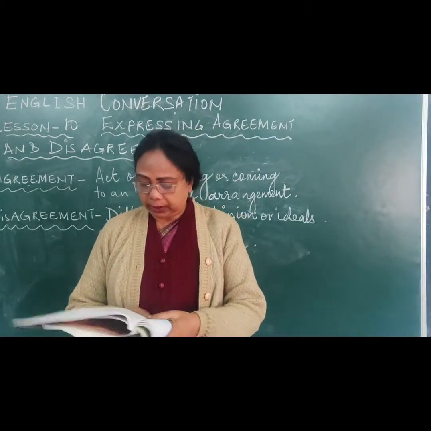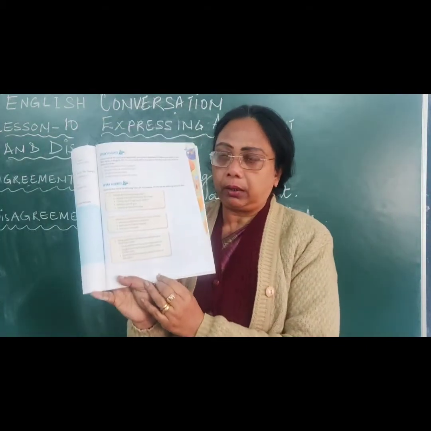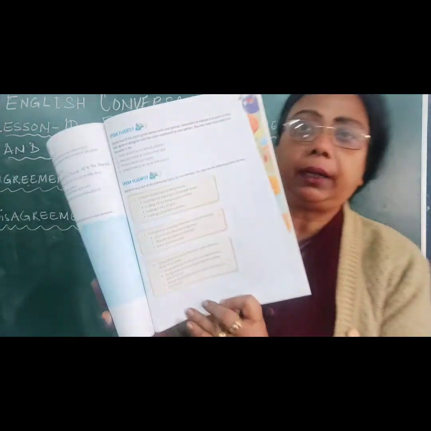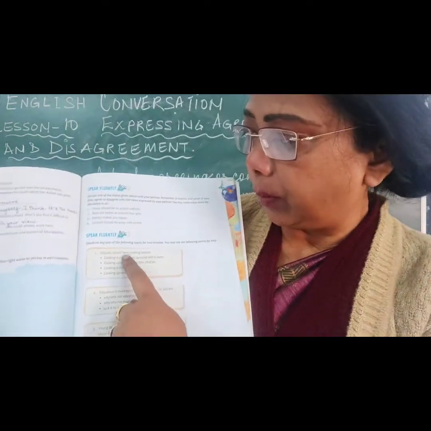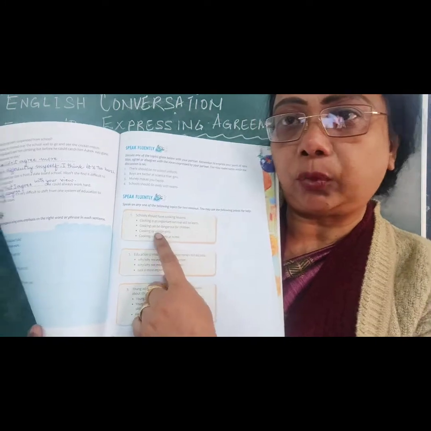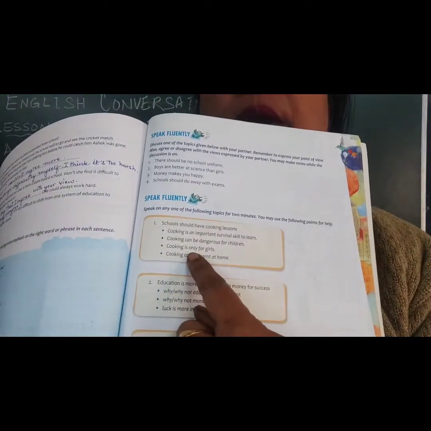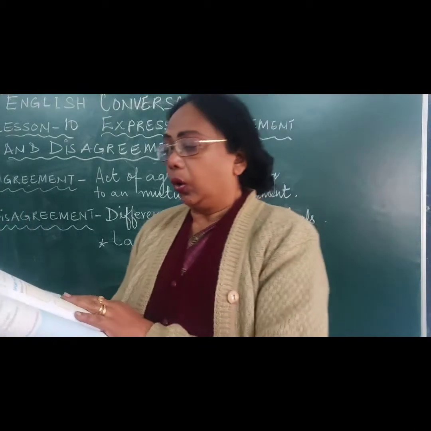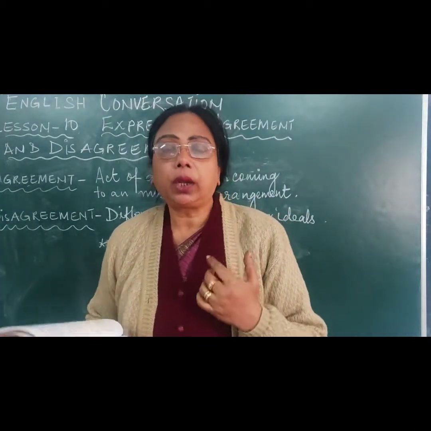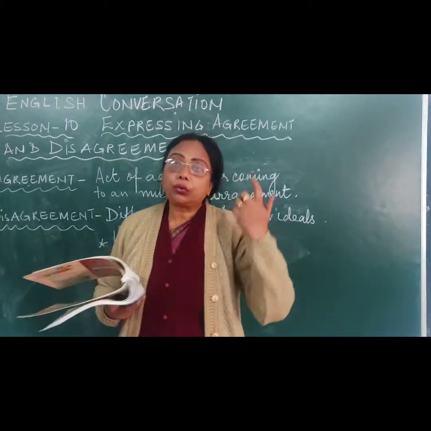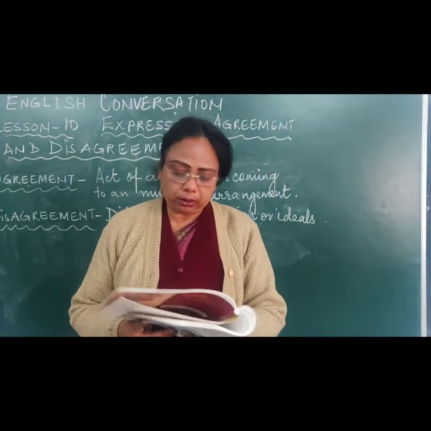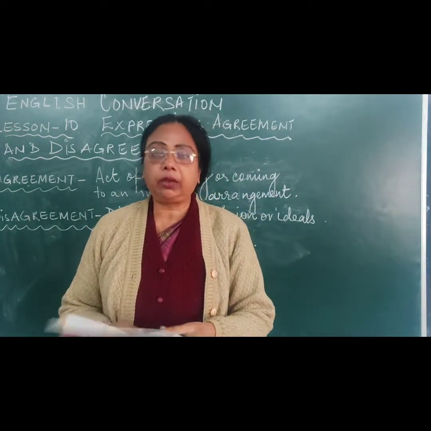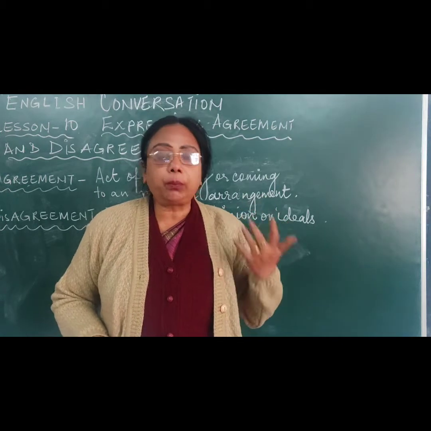Now if you see, in page number 99, you will see some of the topics you can speak on. If you see closely, the topics are given and what you can speak on them is given over there. So go through it, and with your friend you can discuss, or you can write it down. Right. So in this way you will improve.